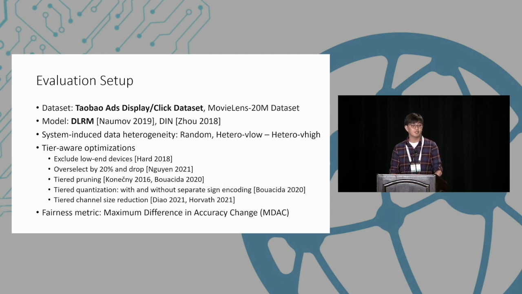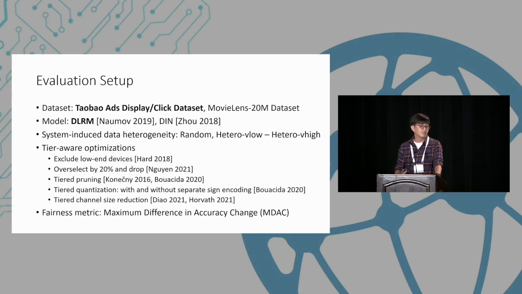So we evaluated RF² with 2 different open-source datasets, 2 different models, 6 different levels of system-induced data heterogeneity, and 6 different tier-aware optimizations. The tier-aware optimizations that we studied are shown here. We studied excluding low-end devices, which was the approach Google Smart Keyboard was using. We also overselected the clients by 20% and dropped the 20% slowest clients.